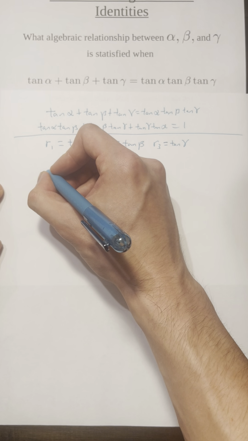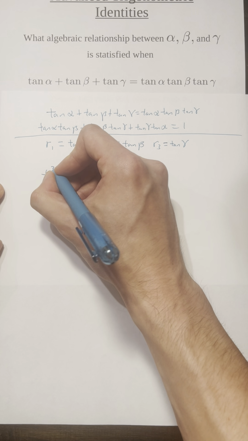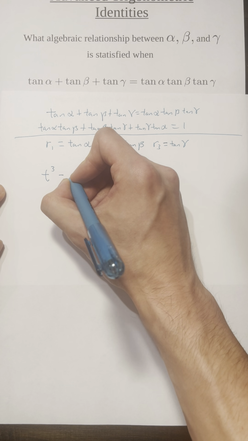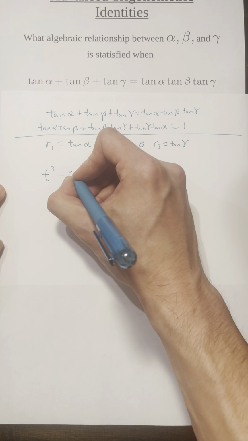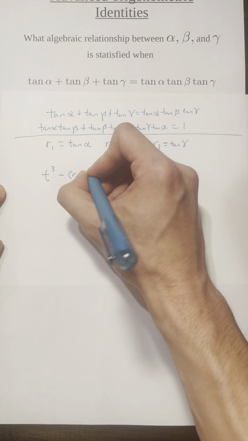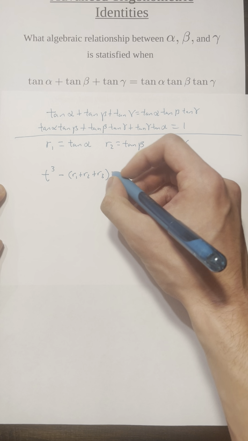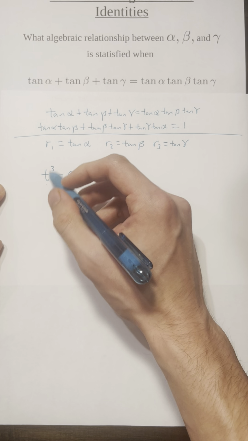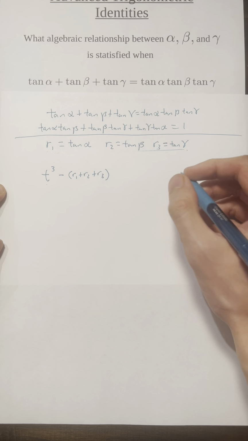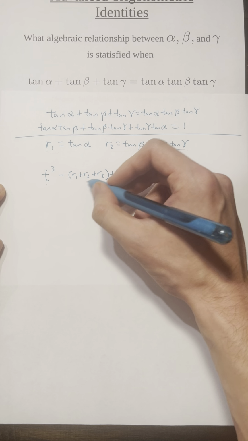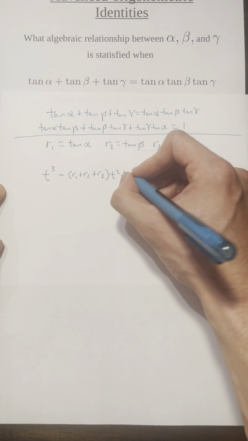So I'm going to say t cubed minus r1 plus r2 plus r3. Basically I'm creating a cubic with these as the roots. And I'm using Vieta's formulas to create it.